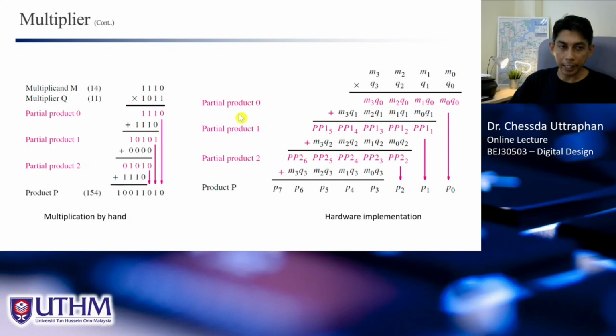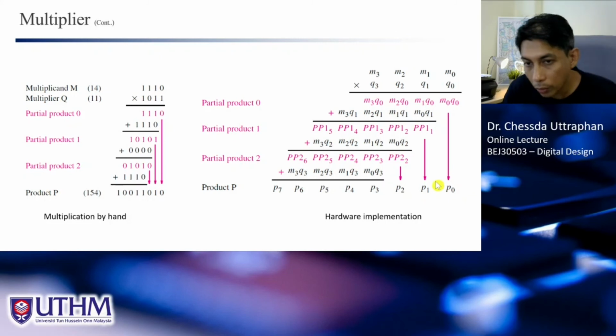All right, when we represent the multiplicand with m, and multiplier with q, for example, this bit is called m0. This one is m1, m2, m3. This one is q0, q1, q2, q3. So we can see that when we multiply m0 q0, exactly this one, we can use the AND gate here, m0 q0, and the result is what we call p0.